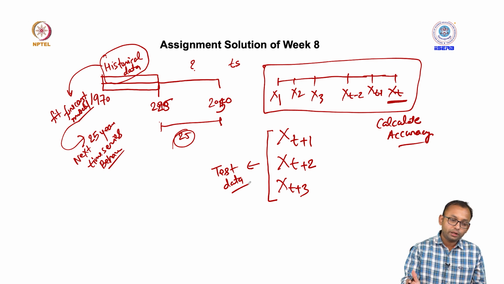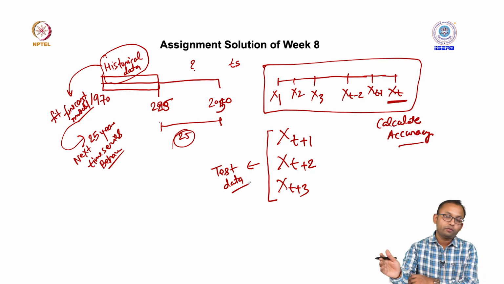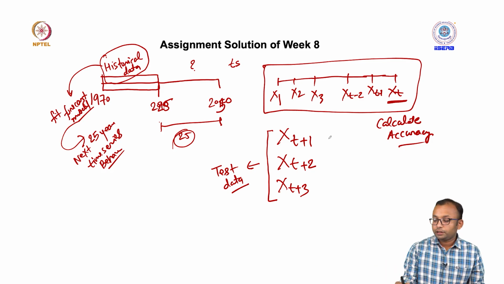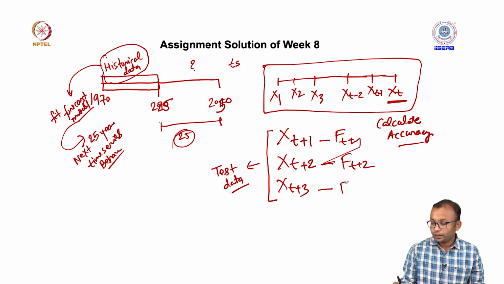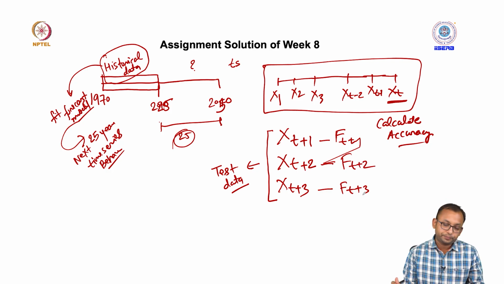You kept these numbers so that you can calibrate your forecast model, and then you compare your forecasted values f t plus 1, f t plus 2 and f t plus 3.